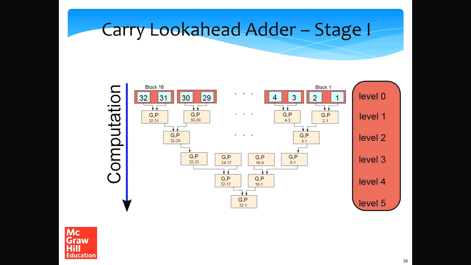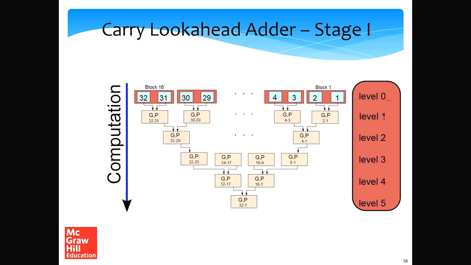So in this diagram, let's number the bit pairs: first bit pair, second, third, fourth, and so on. Let's say that in level 0 we consider 2 bit pairs. We have the solutions for a 2-bit system. So we compute the GNP functions for the first 2 bit pairs, which is 1 to 2, 3 to 4, till 29 to 30, and 31 to 32.